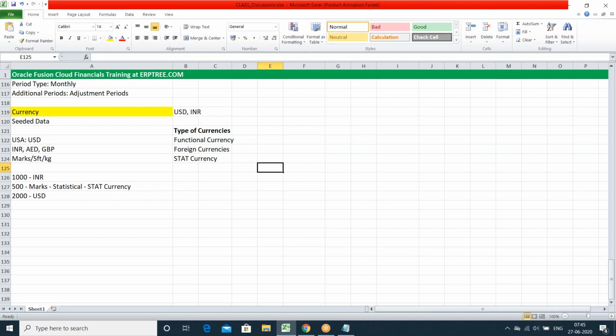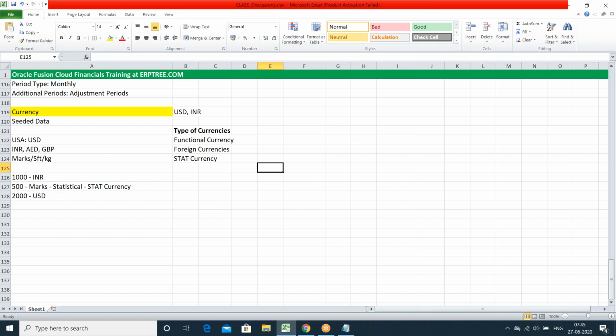Hemant, I can understand what you are saying. You are saying consolidation, which is a separate concept. The question is, here in Oracle Fusion, is it process driven or through configuration? Process driven. First, you have to configure whatever you want to do. Whatever you want to execute, you have to set the system accordingly.